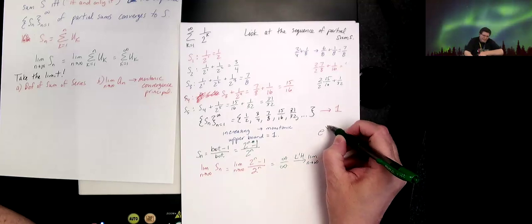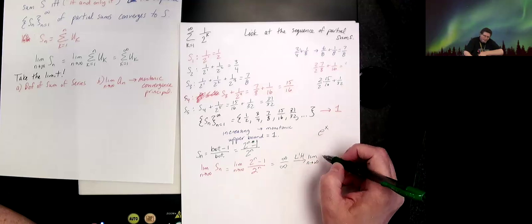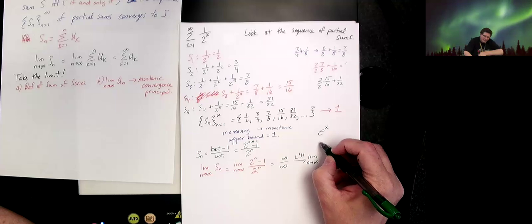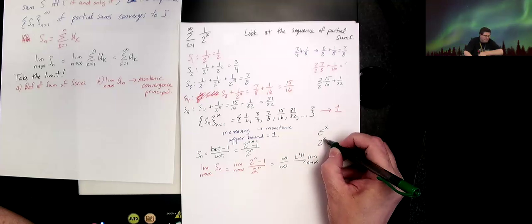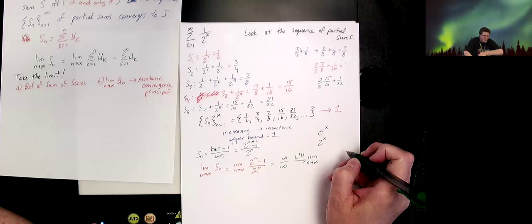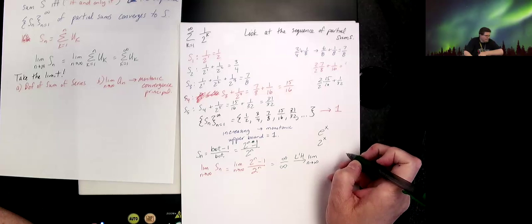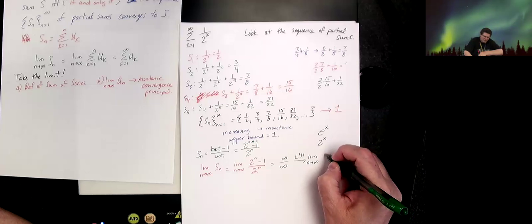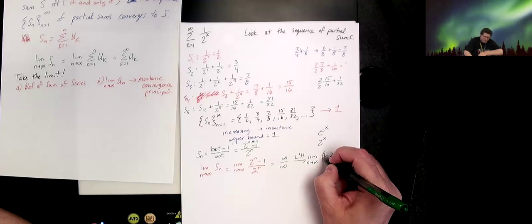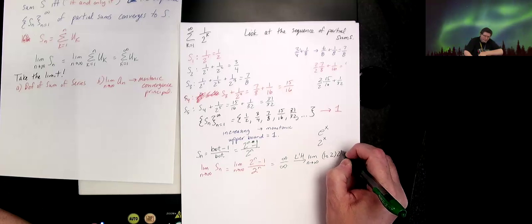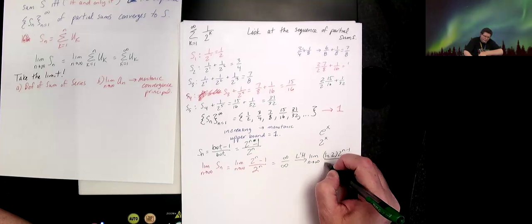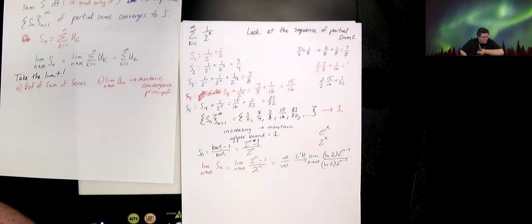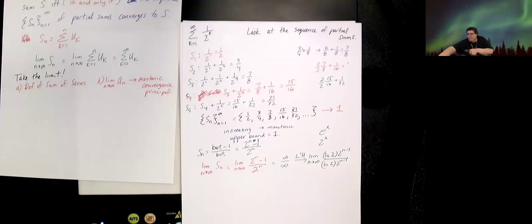So if we do e to the x, it's normal, but here it looks like we have a different base though. This is like 2 to the x. If you remember derivatives, you could do logarithmic differentiation. I want to say this goes to ln of 2 times 2 to the n minus 1 over ln of 2 to the n minus 1. I'm pretty sure that's the derivative of b to the n.